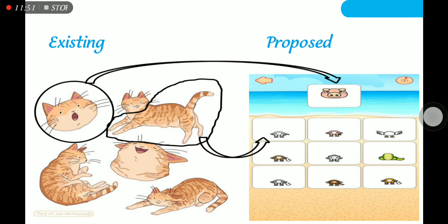So the parents say that some animal pictures that our kids are familiar with should be included. We can add cats, as the example is given, or dogs, other animals that are easy to learn for the children of Pakistan.